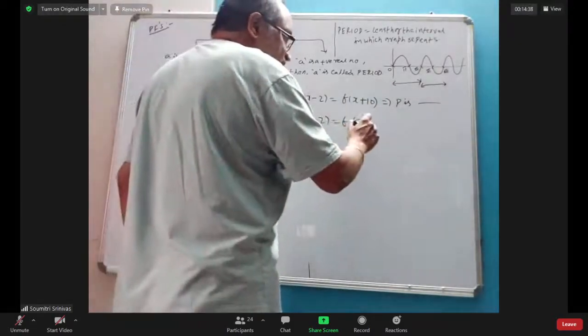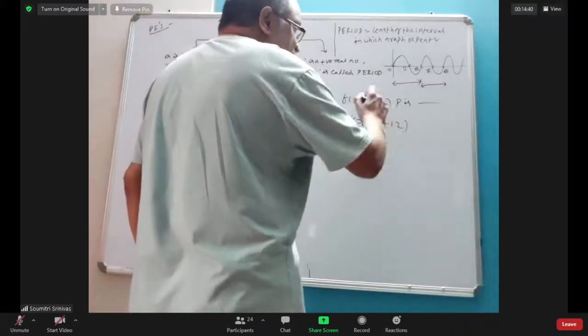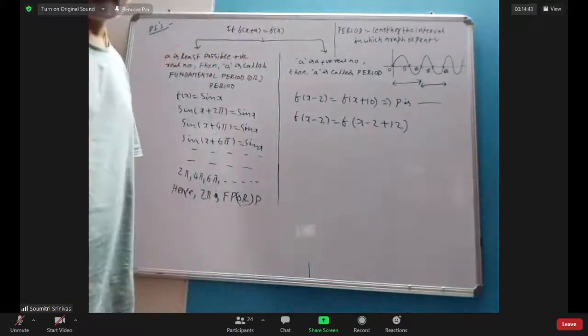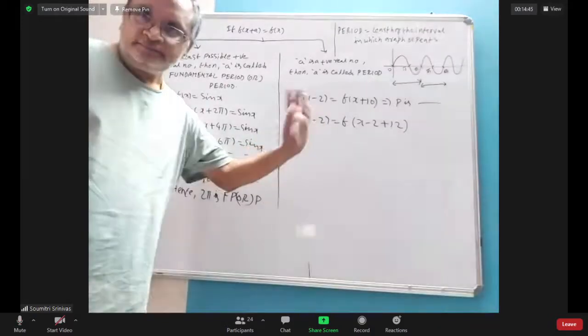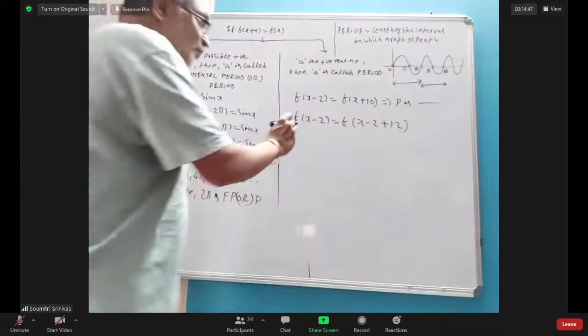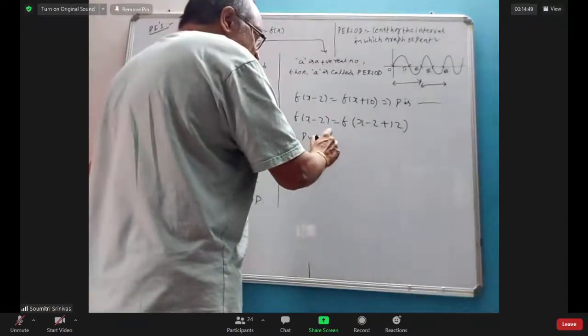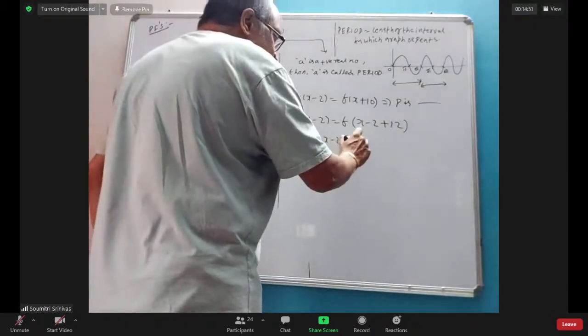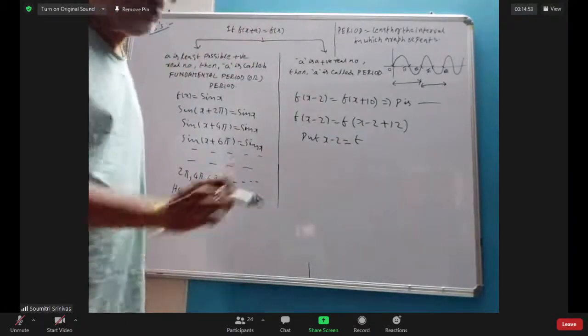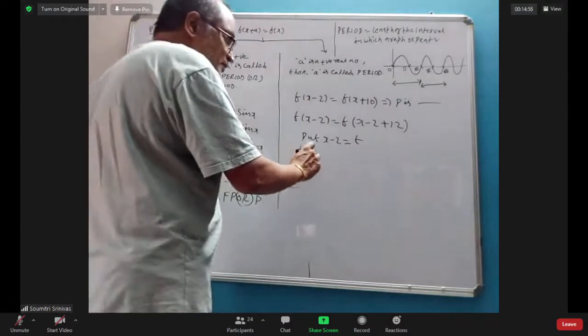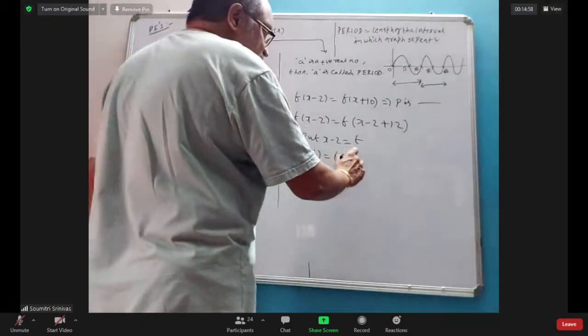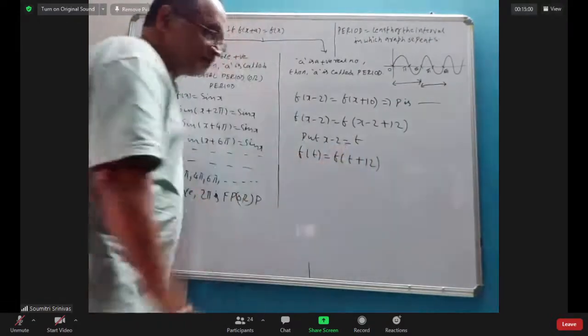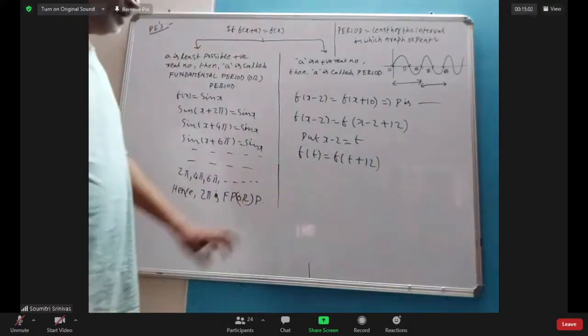Can I write the RHS in terms of this? Put x minus 2 is equal to t. What's the left hand side? f of t is equal to the right hand side, f of t plus 12.